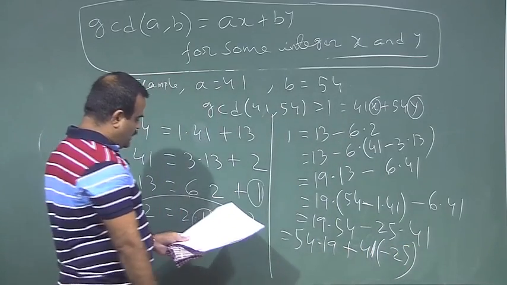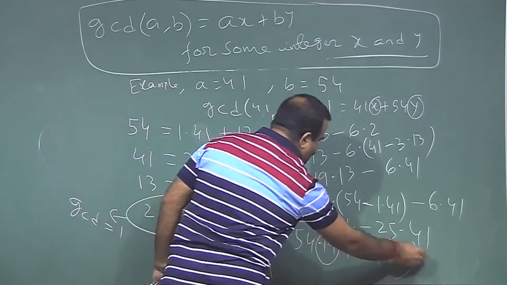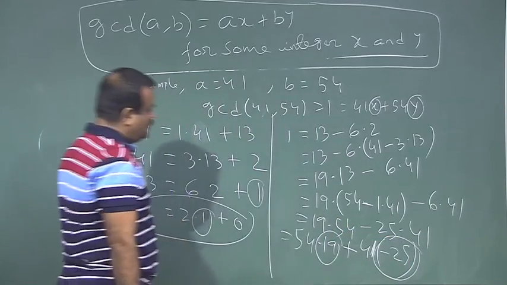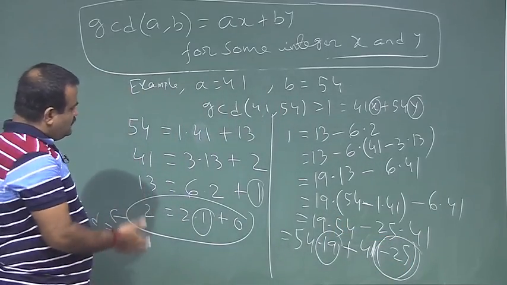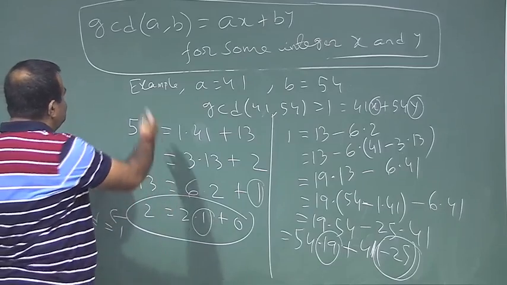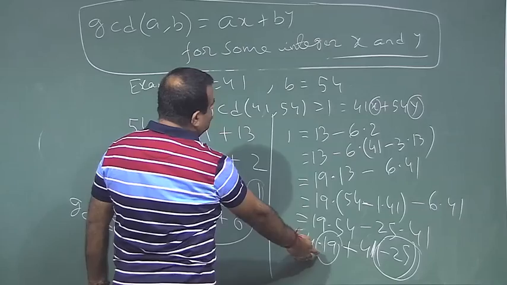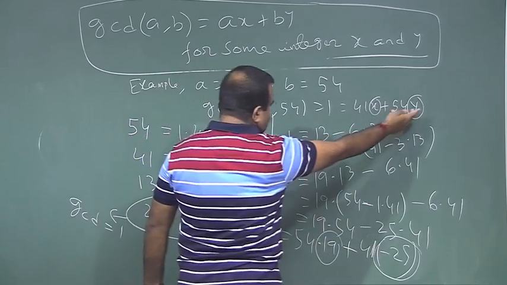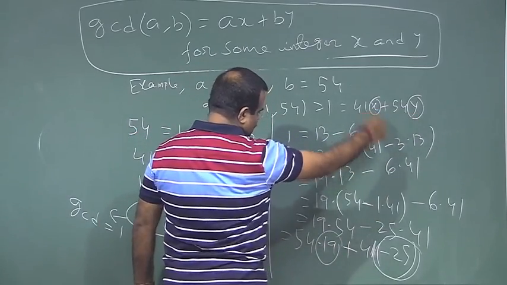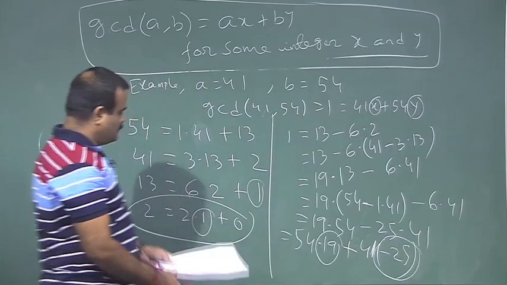So, this is our x and this is our y. This is the example where the GCD is 1. So, 1 is written as 54x plus 41y, where 19 is x and minus 25 is y.